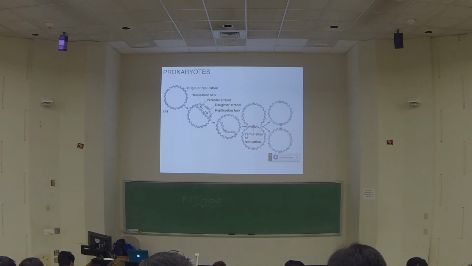It just needs to finish that up, and boom, it has 2 new copies. It doesn't have an end it needs to worry about. And their genomes are generally smaller, so they can get away with opening up this origin of replication and proceeding in both directions. So they run into each other on the other side of the circle.